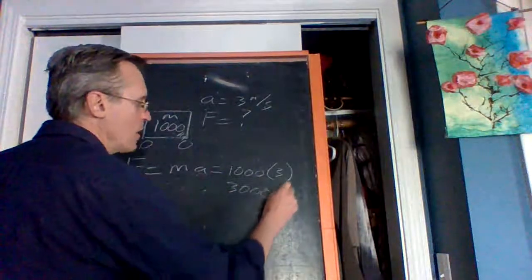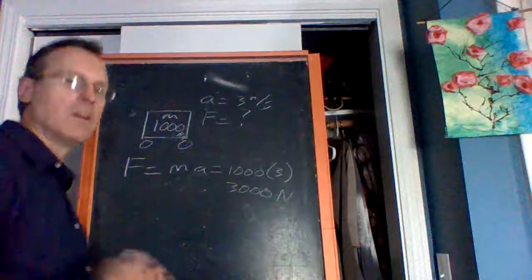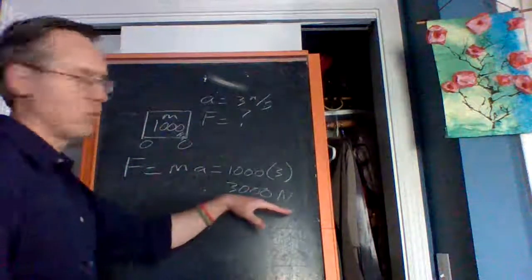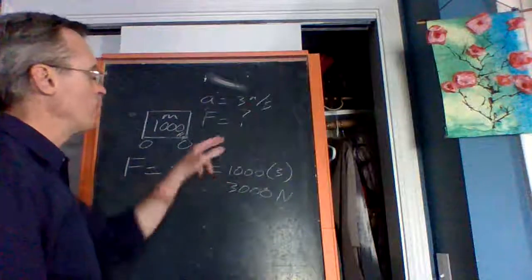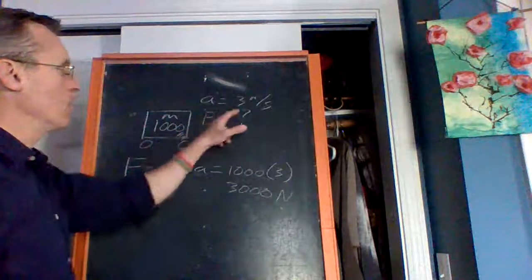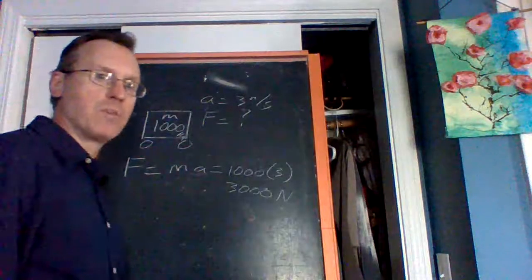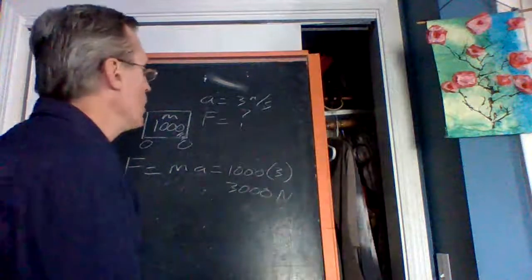If we're using meters per second and kilograms, the answer comes out in the metric unit of force, which is a Newton. So a 3,000 Newton force on a 1,000 kilogram car would cause it to speed up at 3 meters per second every second.